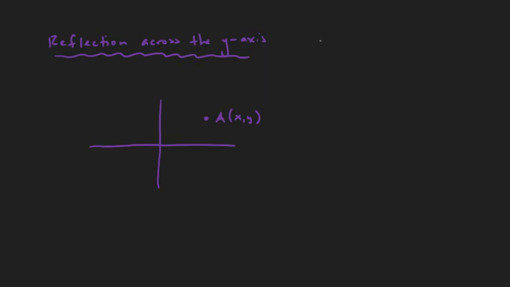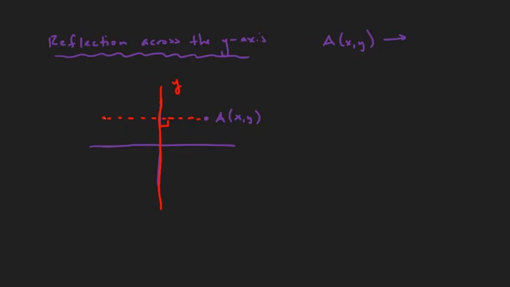I'm looking to see my pre-image coordinates, x and y. What happens when I do this reflection? Let's trace the y-axis. The y-axis is now my line of reflection. To get from A to that line, I have to go horizontally to the left. There's my perpendicular distance from A to the y-axis. Now to get to A prime, I have to go to the left that distance more.